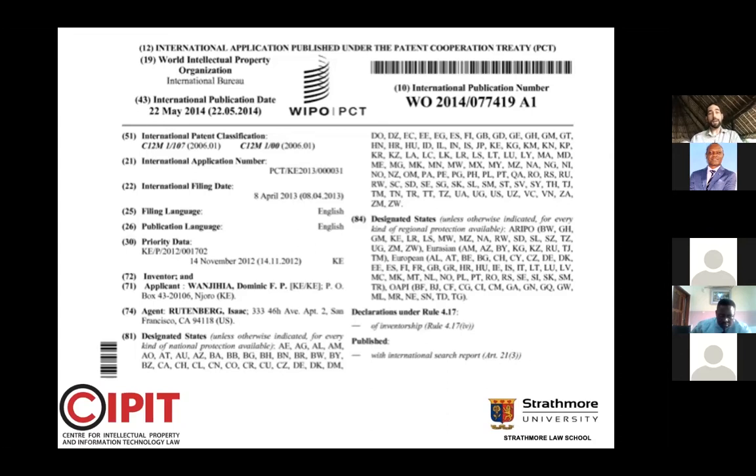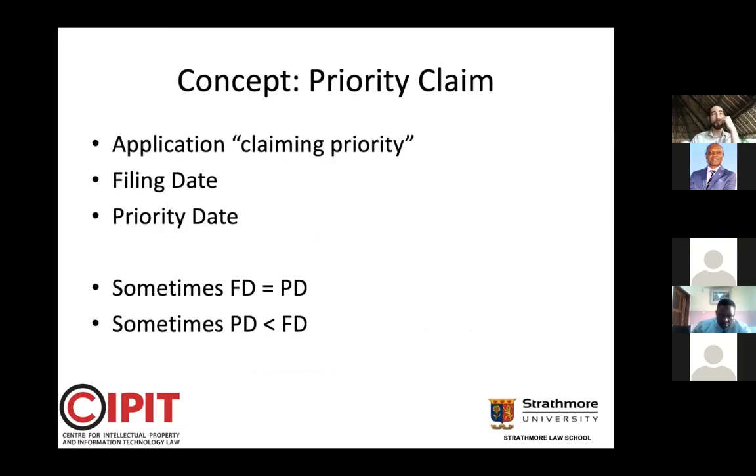Now, why is the priority date important? It's very important for a couple of reasons, but most importantly is examination. Okay, the patent will be examined, and well, unless it's a utility model, it's a patent. It will be examined by whatever patent office. It doesn't really matter which one we're talking about.